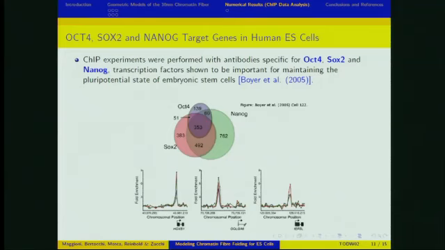In particular, they have proven that they co-occupy the same regions that are related to pluripotency. So in this Venn diagram we can see the areas that are occupied by the three transcription factors SOX2, OCT4 and NANOG.